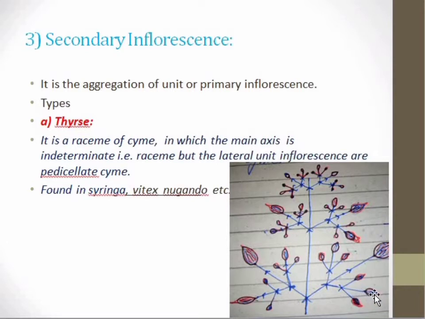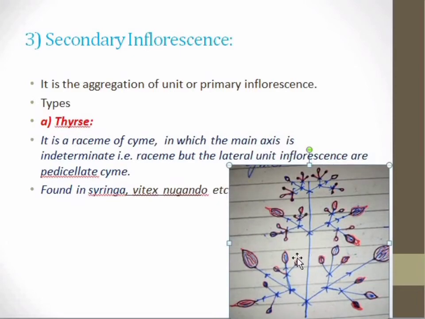Old is at the top and young is at the base. This is also a cyme, and this structure as a whole is also a cyme. So this is one cyme, another cyme. These combine together, forming an inflorescence known as secondary inflorescence.